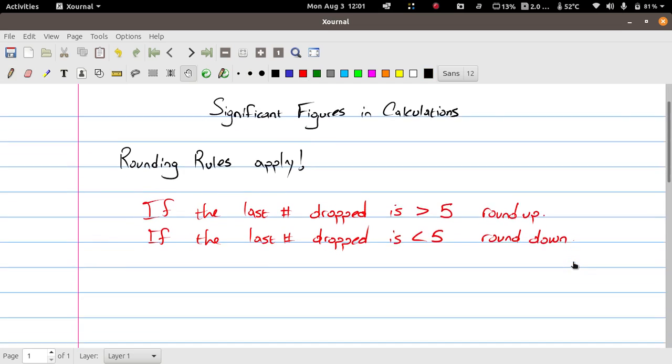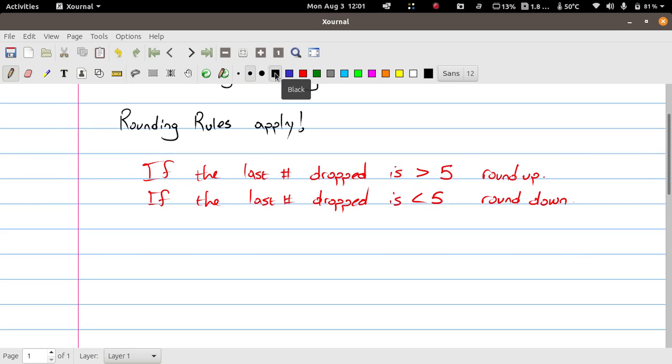Alright. And then another ground rule we need is for multi-step calculations. For multi-step calculations, do not round intermediate steps.